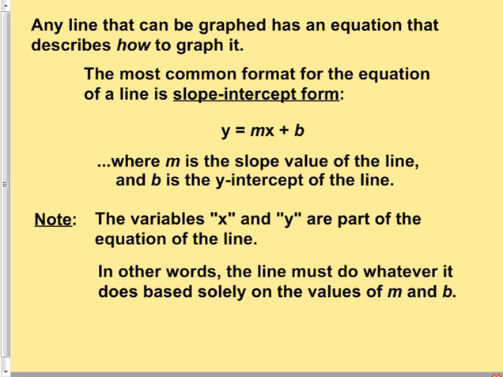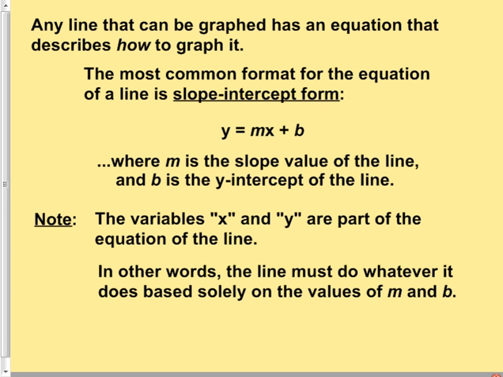Now, the variables x and y are actually part of the equation of the line. Upwards of 99% of the time, y and x will both be part of the equation in the end. They are not some magical numbers that will be replaced when it comes time to answer a question.